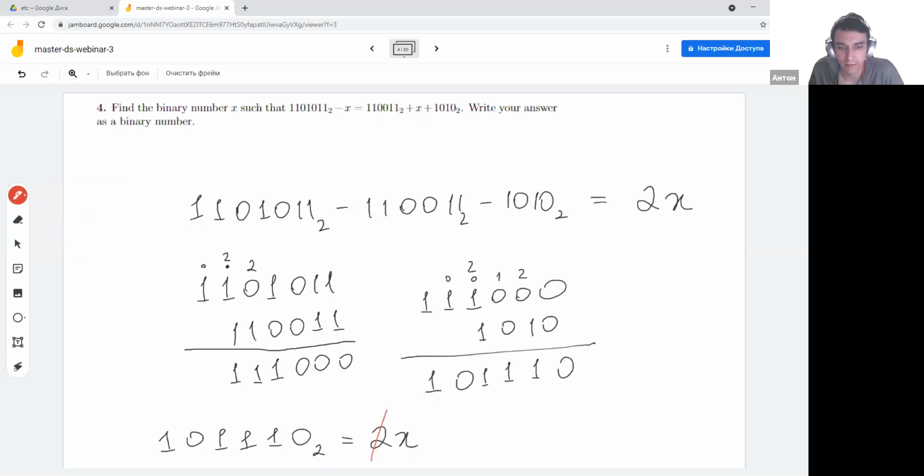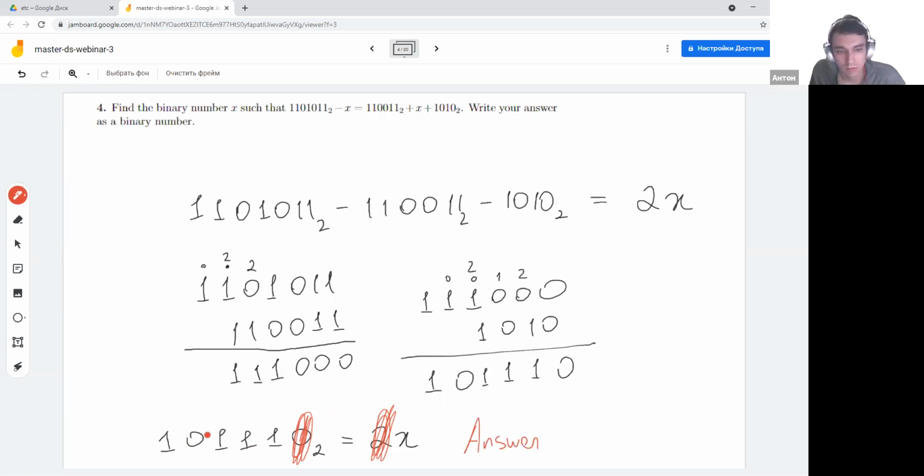I can divide this side by 2, and then I want to divide this side by 2. But in binary, dividing by 2 is just removing the 0 in the end, just like in the decimal system, when you divide by 10, you remove the last 0. So actually, the answer is this.